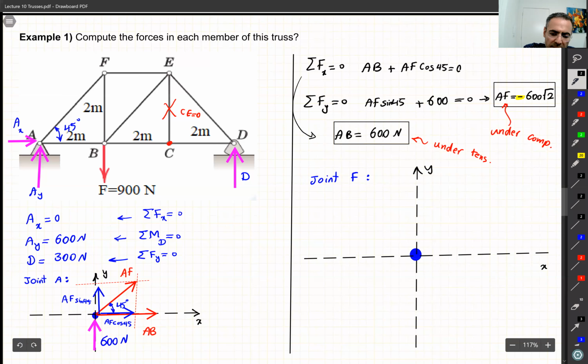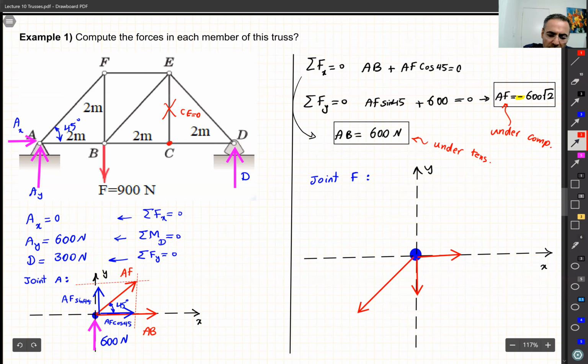Remember, this is positive, this one is positive. Okay, so let's see what we have in this joint. In this joint, we have AF. Always again, we draw them positive, right? Coming out of the pin. They are trying to pull the pin out. BF, maybe let's try it smaller like this one, doesn't matter.